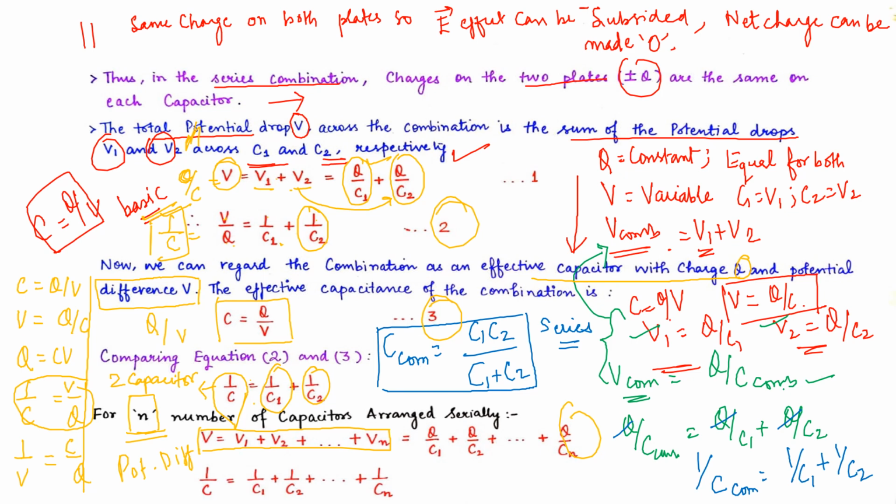This whole value is equated with our V combination. V combination is Q upon C combination. The Q from here and this equation will cancel out, giving us 1 upon C combination equals 1 upon C1 plus 1 upon C2 plus C3 up to Cn. This is the equation valid for n number of capacitors connected in series.